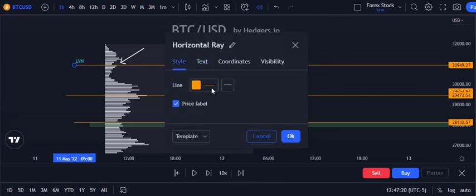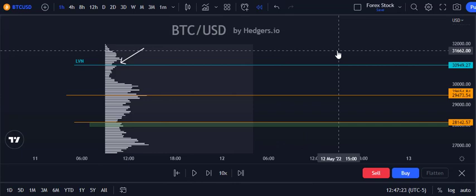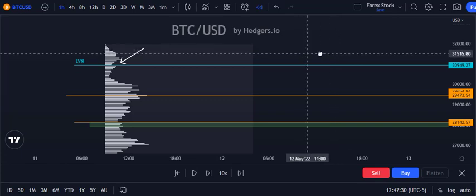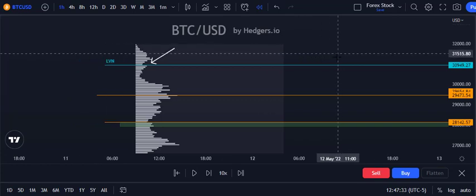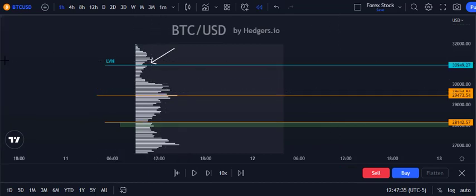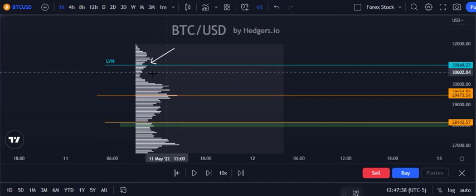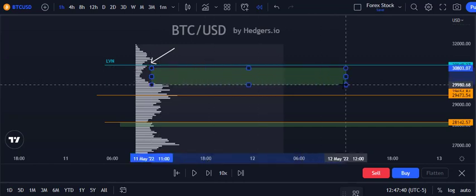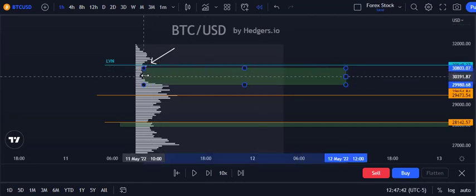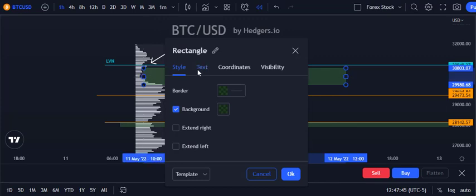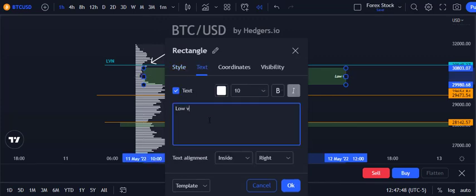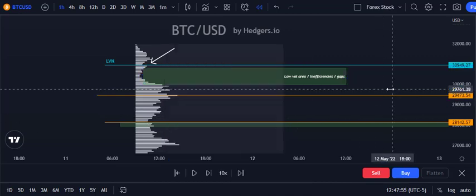This low volume node is basically where the lowest volume has been traded between buyers and sellers, and it is defined as a singularity. If you see something like this, for example here, that is a low volume area, also known as inefficiencies, gaps, the vacuums in the price action.